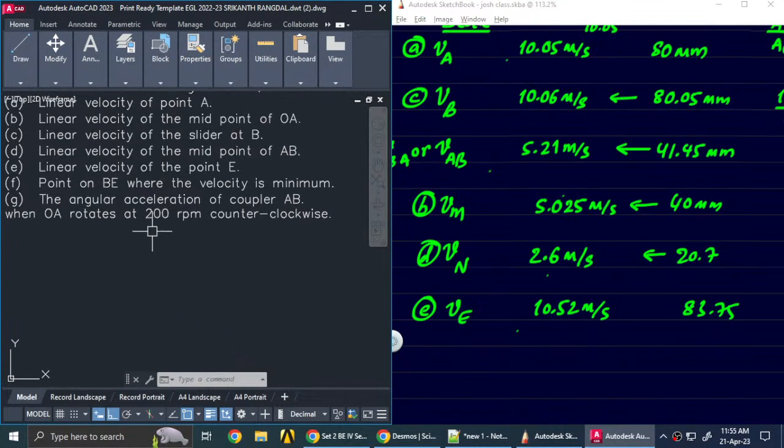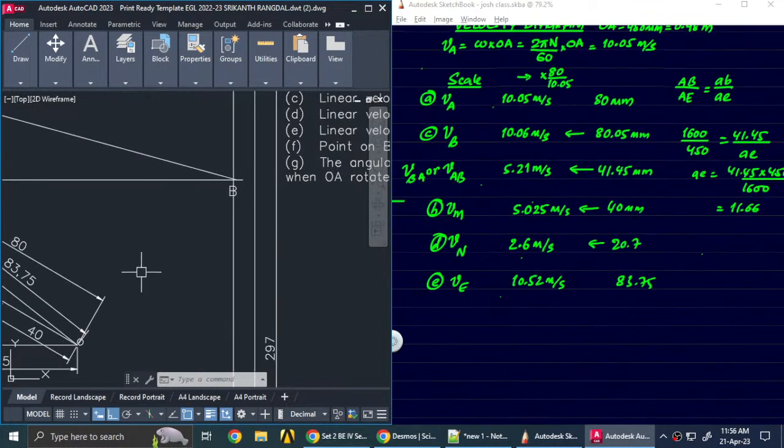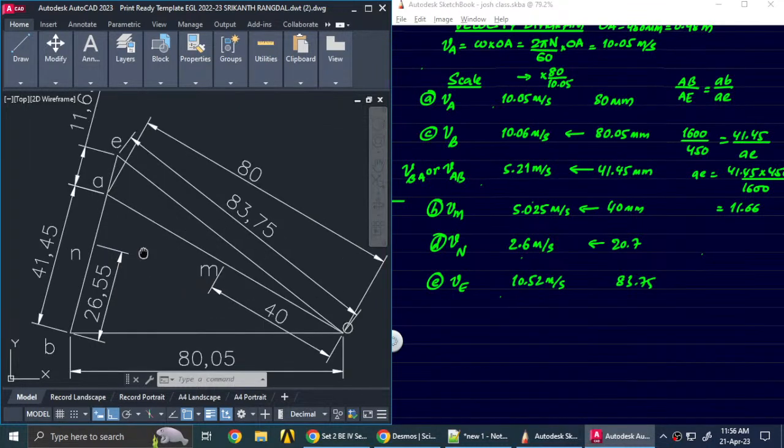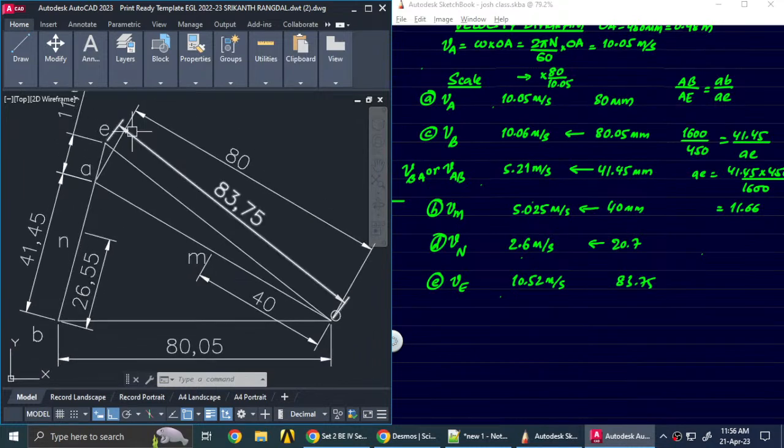Next we want the point on BE where the velocity is minimum. If you join any point on this length with this point O, we will get the velocity of that point on the link BE.